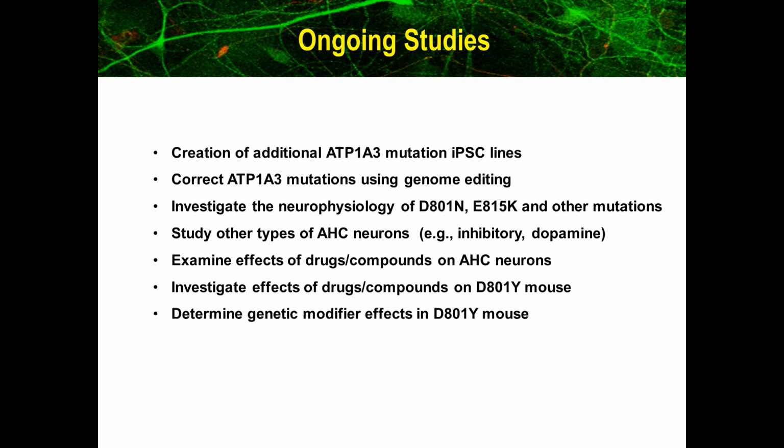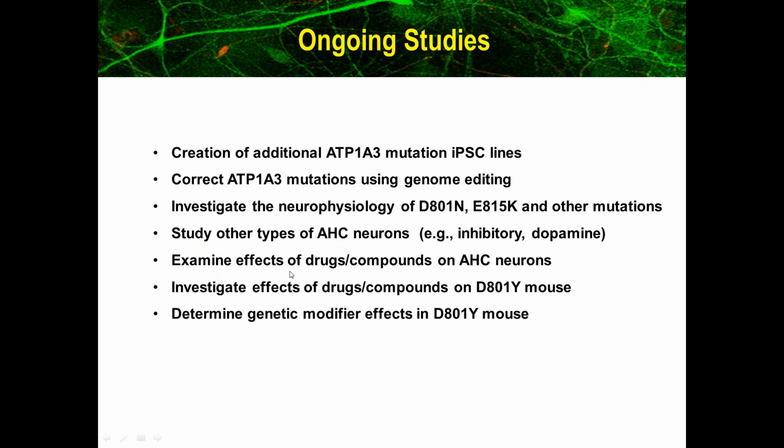And so one of our other efforts is to use one of those mouse models, which has the mutation D801Y, and this is work being done in my lab by Thomas Holm from Denmark, who came over last April with the mice. He's recently been investigating dopamine neurons in the mouse brain, and we think that's going to end up showing some important differences that might have implications for treatment.